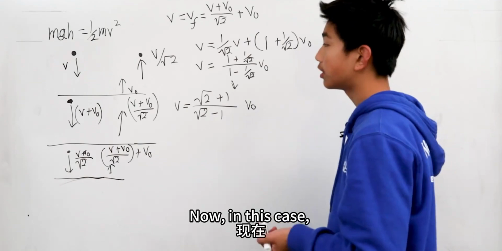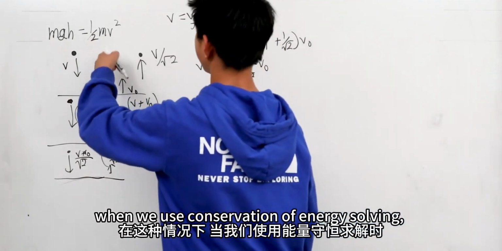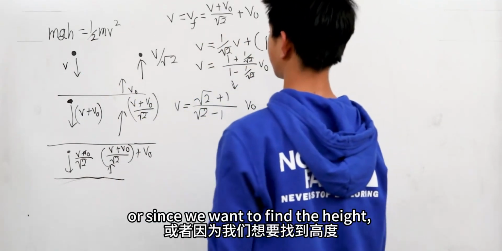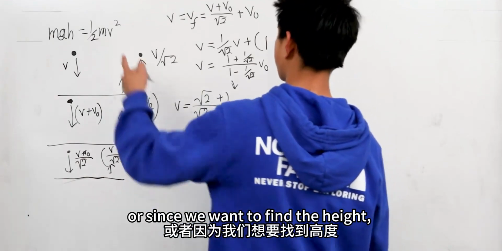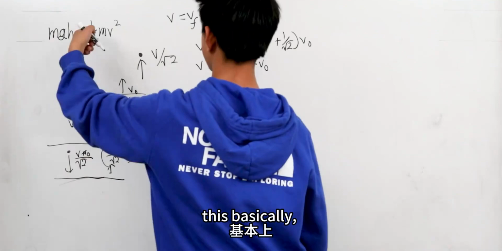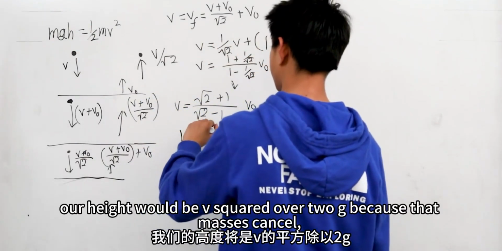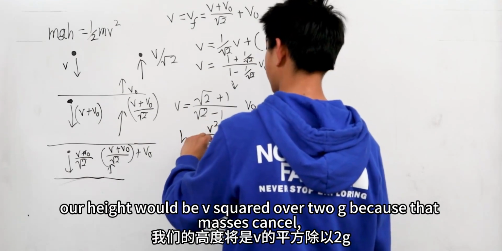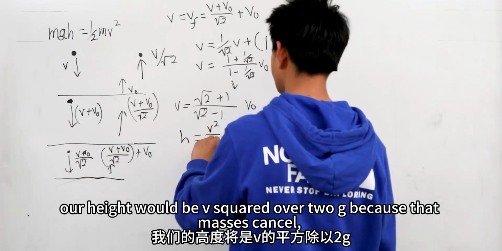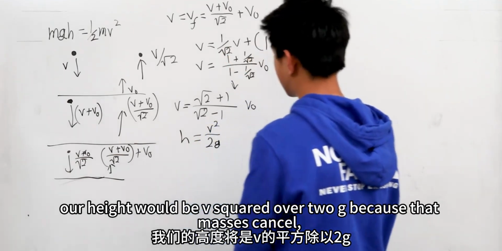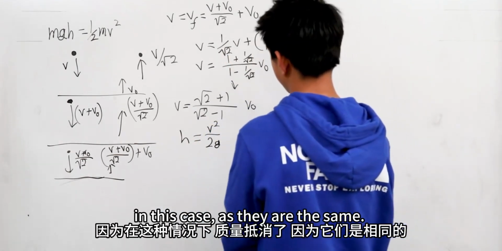And now, since we want to find the height, we use conservation of energy, so our height would be v squared over 2g, because the masses cancel as they are the same.